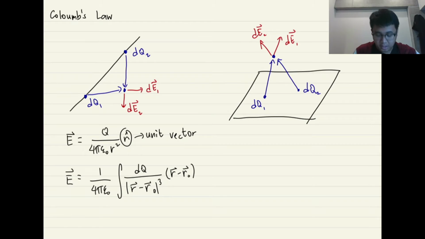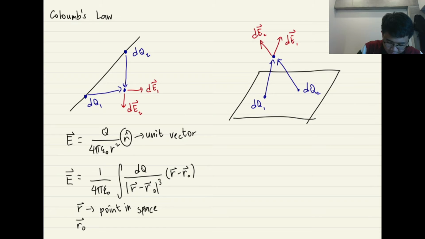All right, R here represents the point in space, the coordinates, or the vector from the origin pointing to the point in space. R naught represents the position of your corresponding dq. Right? So you integrate this.